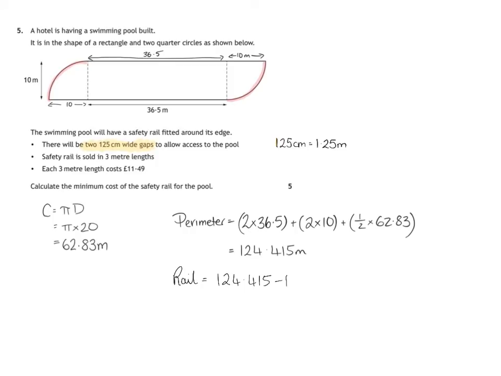Take away our 1.25 for one gap. Take away another 1.25 for the second gap. So altogether we're taking away 2.5, which gives us the rail is 121.915 meters roughly, because we've kind of rounded in there with our circumference.